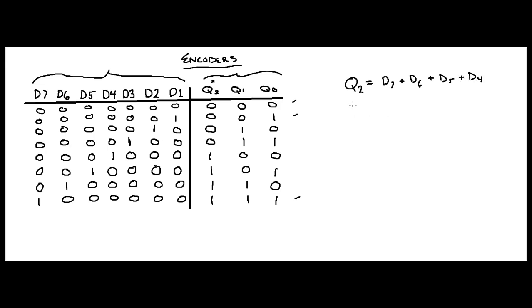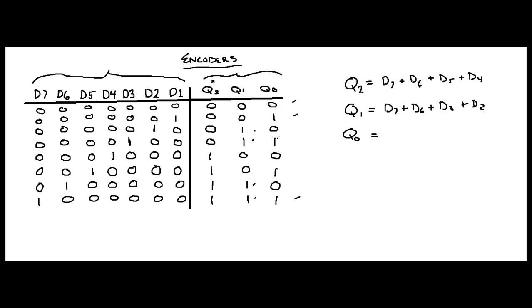Let's do Q1. Q1 is going to be active when D7 or D6, from these two down here. And then we have to take care of these two, which are D2 and D3. So it's going to be plus D3 or D2.